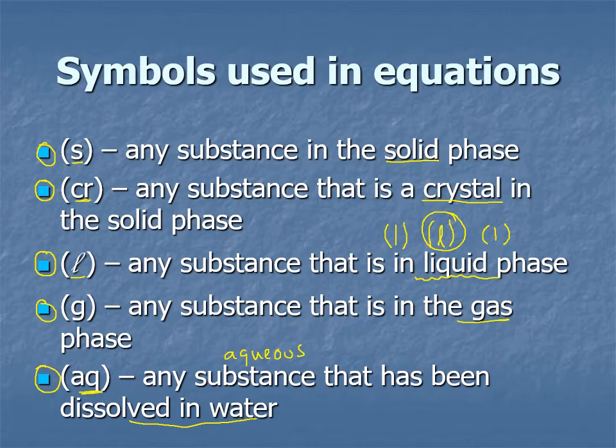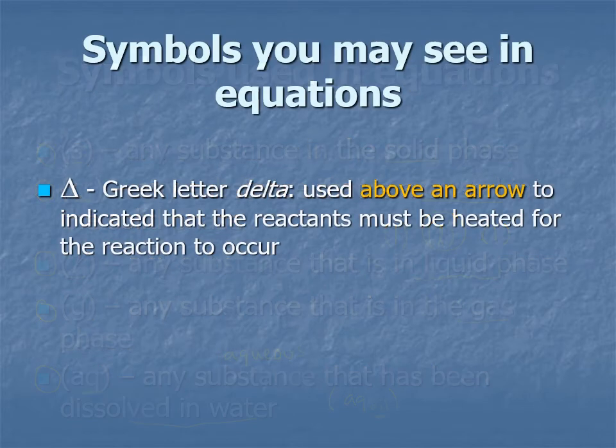They would say something like aq oil, making a little notation of it, because it's not really water here, it's oil or gasoline or benzene or something else. But those are very, very common symbols in chemical equations that you would want to know what they mean.